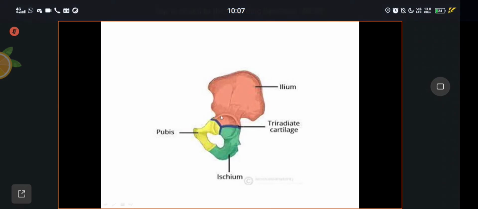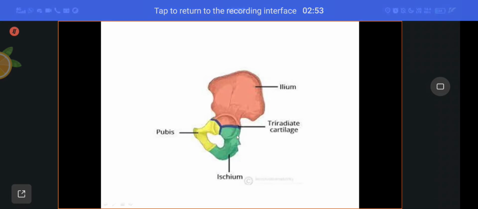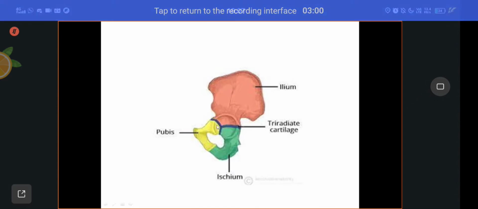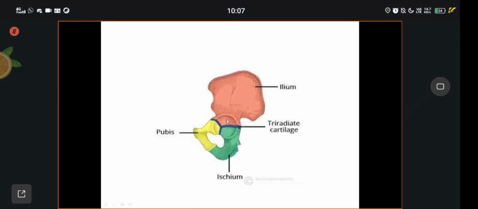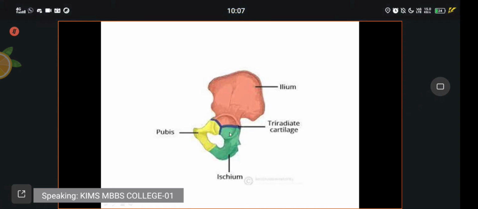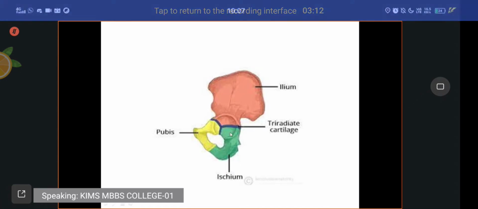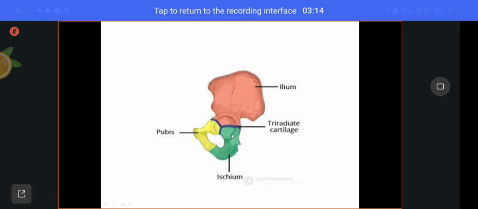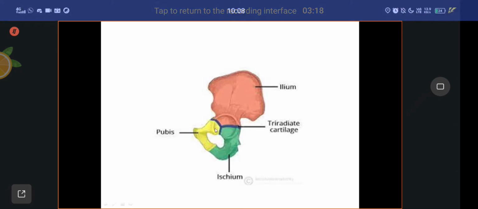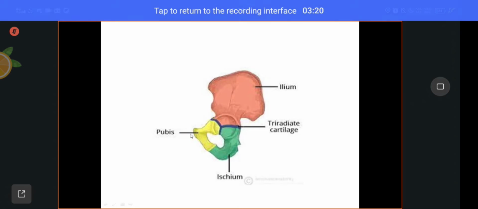The acetabulum is made up of the superior 2/5 formed by the ilium, the posterior-inferior 2/5 formed by the ischium, and the anterior-inferior 1/5 formed by the pubis.